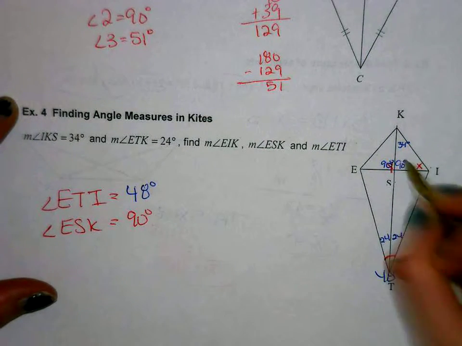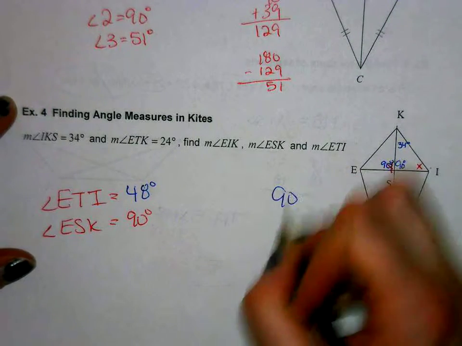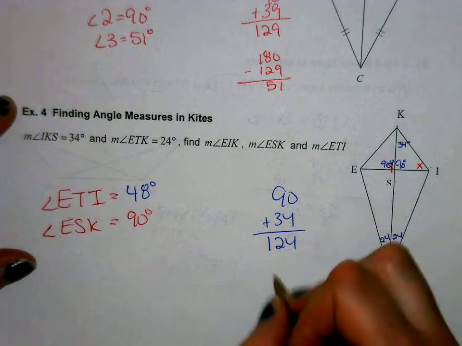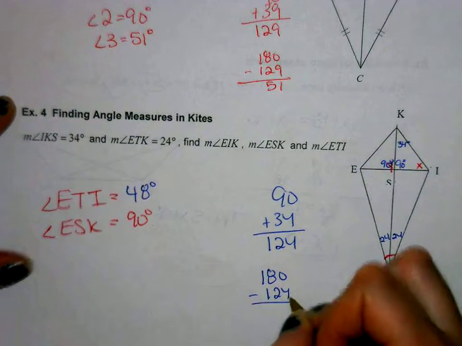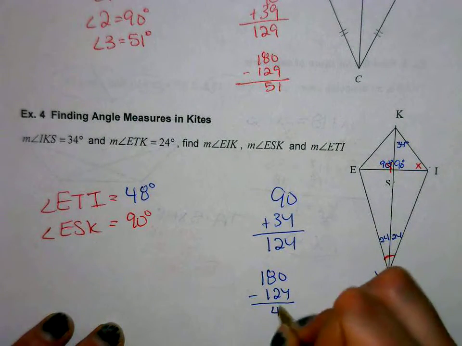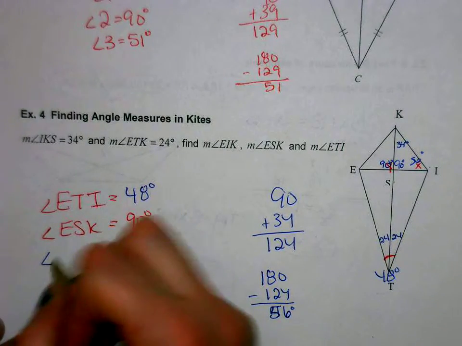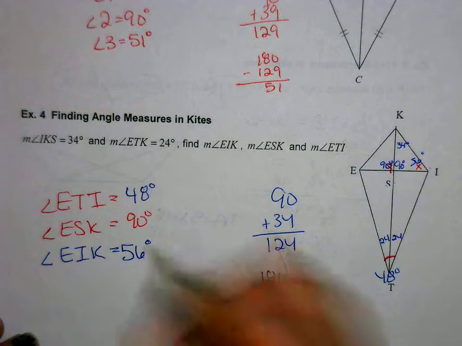So then to find our last angle right here, we know that in a triangle, 90 plus 34 is 124. And in a triangle, the angles add up to 180 degrees, so 180 minus 124 is going to equal 56 degrees. So our last angle, angle EIK, equals 56 degrees.